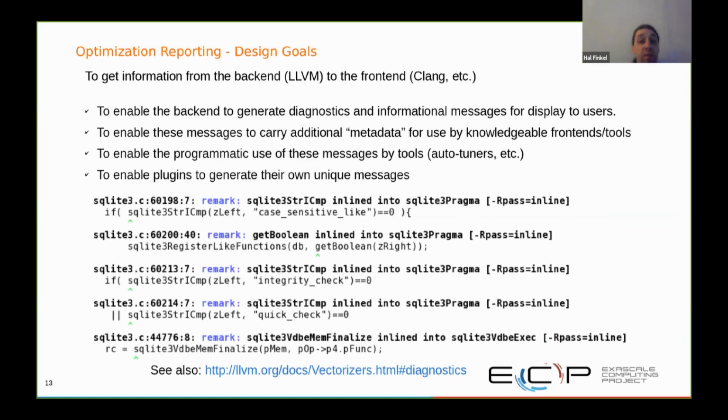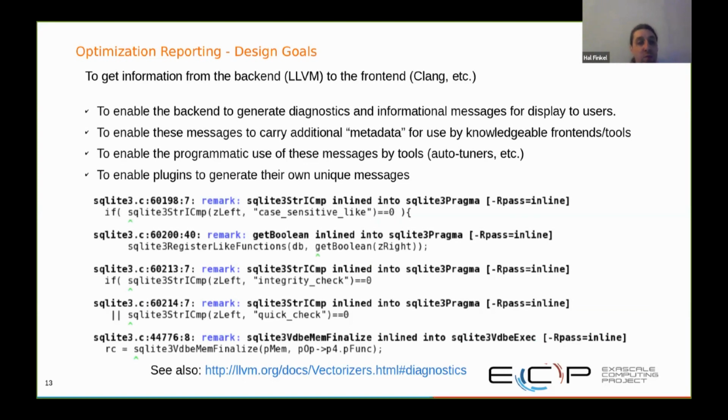One thing that LLVM has as a capability, which is very important, is the ability for the optimizer to provide feedback not only to the user, but also to other tools. We have an optimization reporting infrastructure that enables this, and the infrastructure enables messages.